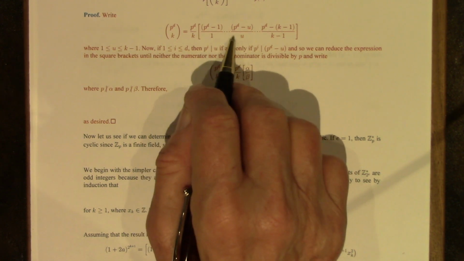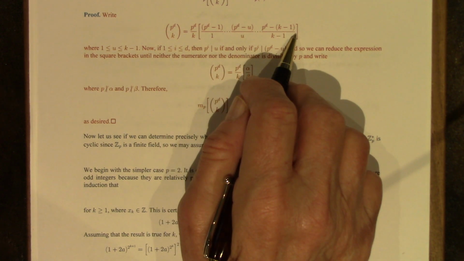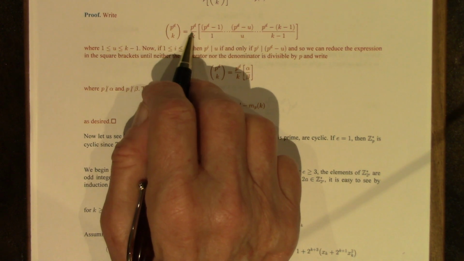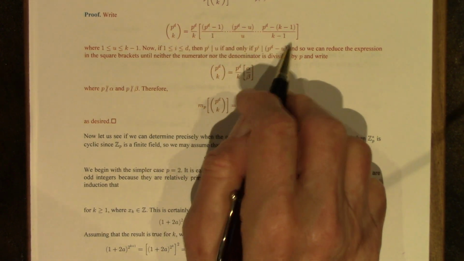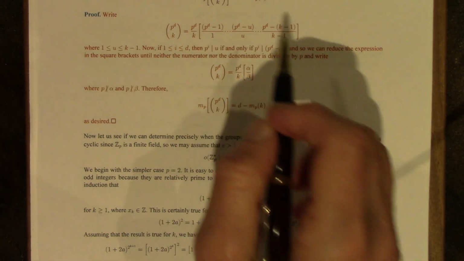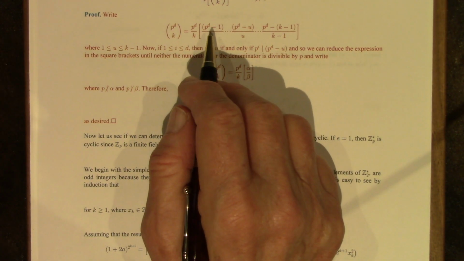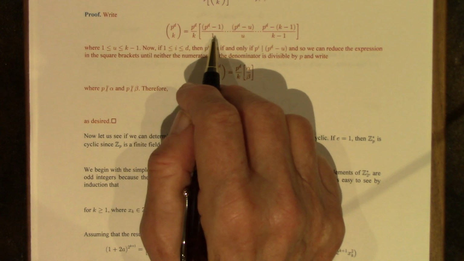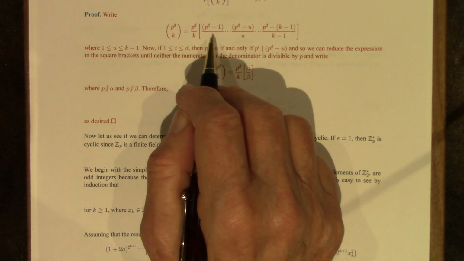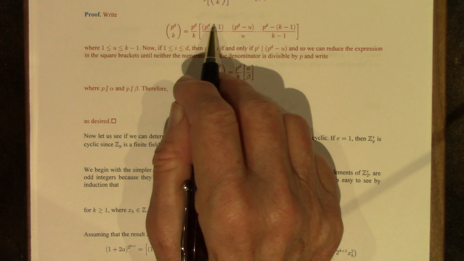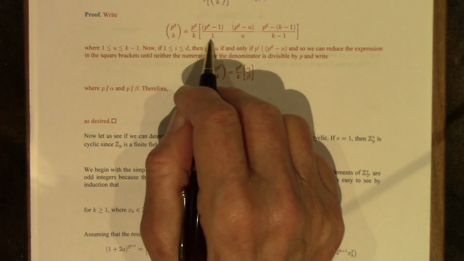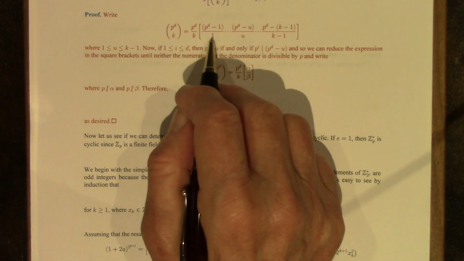And that applies to all of these fractions here, excluding the first one, everything inside the square brackets. So we can go through these one at a time and cast out the largest power of p that divides the numerator, and therefore it will divide the denominator. We'll cancel them both.